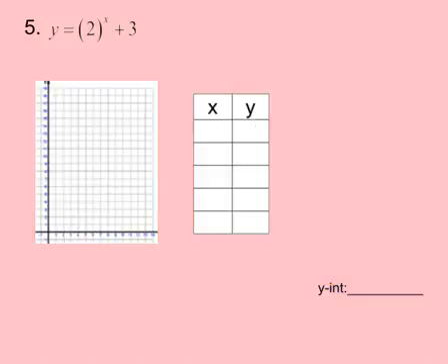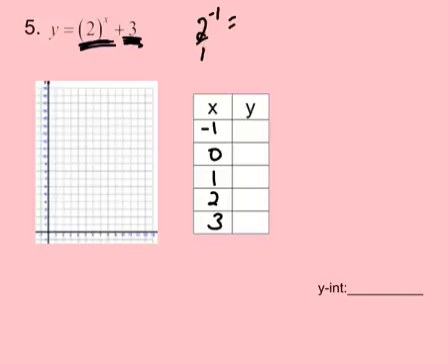So then 5. Alright, so this is a new twist too. Here we have something we've been used to, but we have a +3 now. So -1, 0, 1, 2, 3, you fill out every table in the packet that way. Right? Except for 1, I think. And we'll talk about that when we get there. Now, y. Alright, so 2 to the negative first, we talked about that.